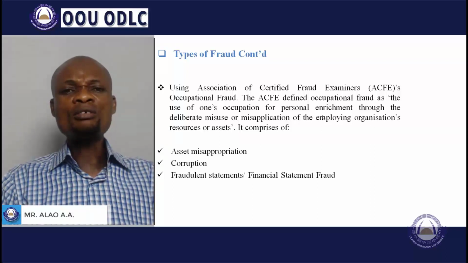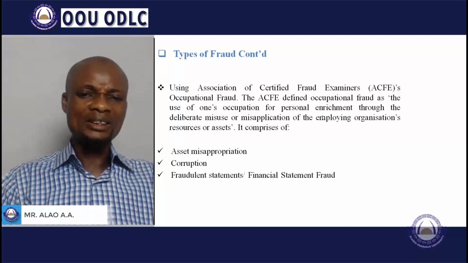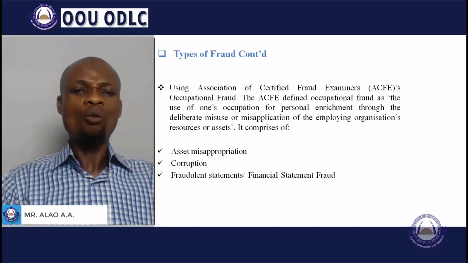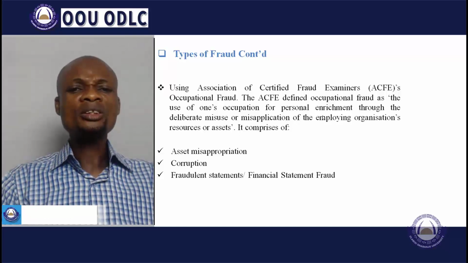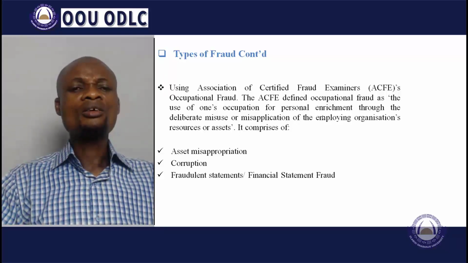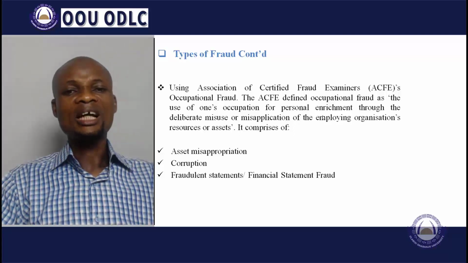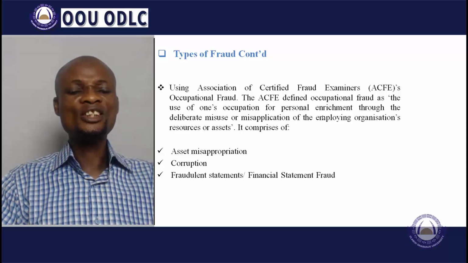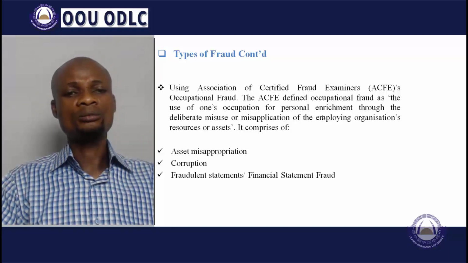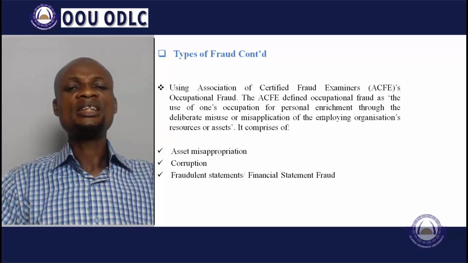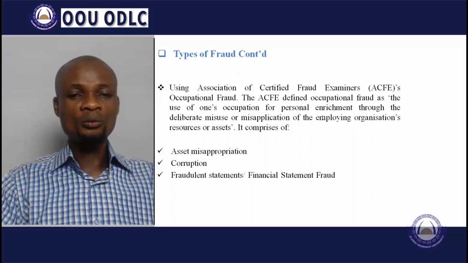Corruption involves looking for kickbacks before you award a contract. Corruption occurs where lecturers, tutors, or learners demand certain things before they can do their normal job. That is corruption.